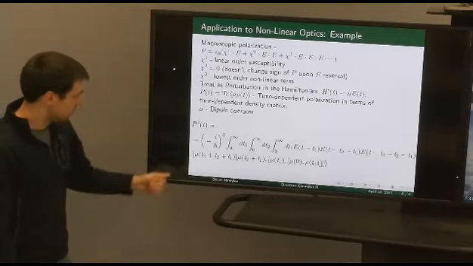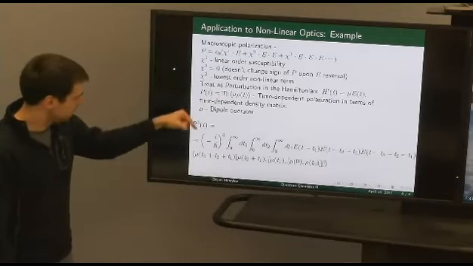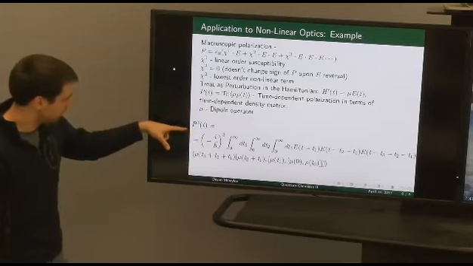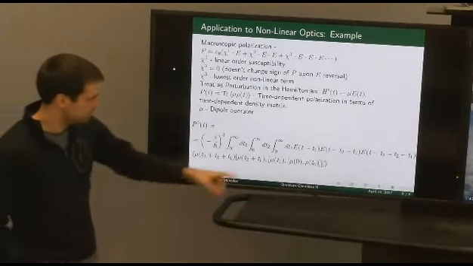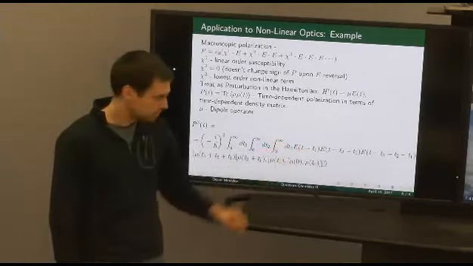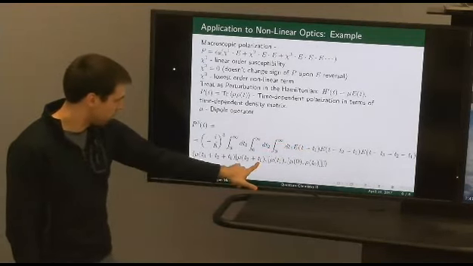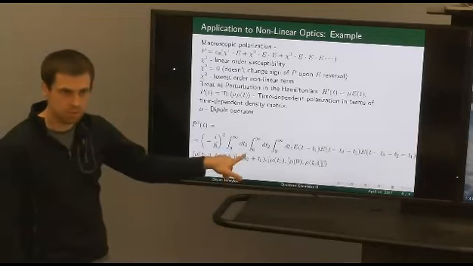So plug this in, and one gets an expression for the polarization in terms of the time-dependent electric field, and this dipole operator that only depends on intermediate times.